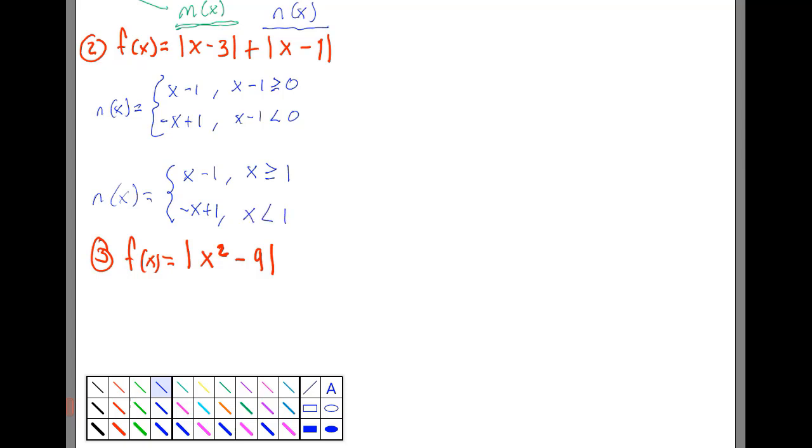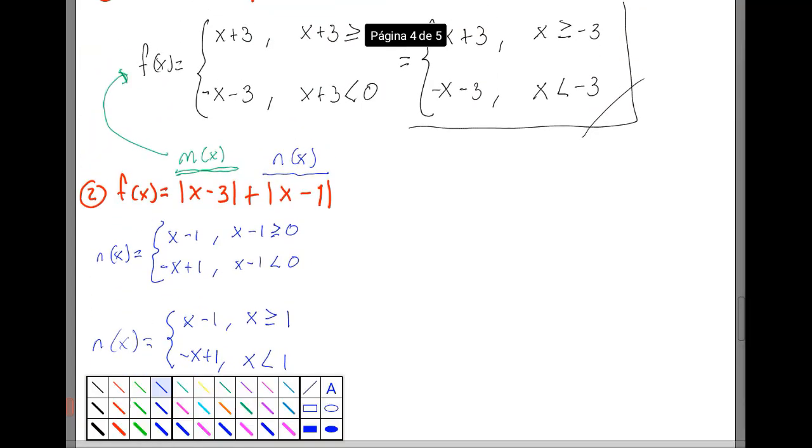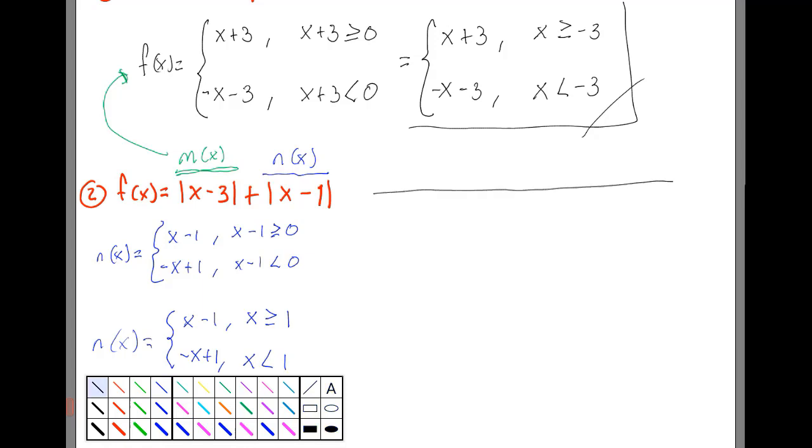I am just simplifying these inequalities. Now we have the two expressions, the expression of m and n. So for this second exercise we actually have 3 intervals. What happens with numbers less than -3, what happens with numbers between -3 and 1, and what happens with numbers more than 1.